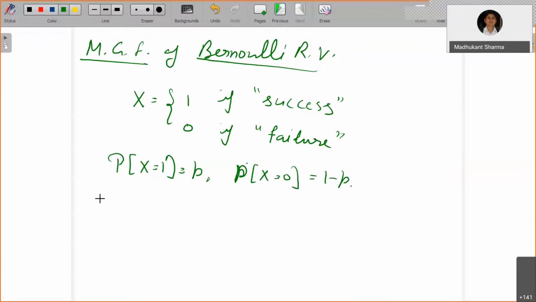Now the moment generating function, which we denote by M_X(t), is nothing but expectation of e to the power tX.